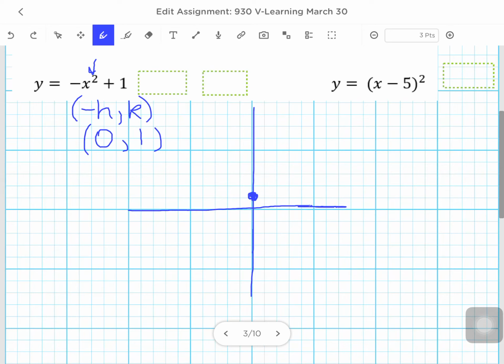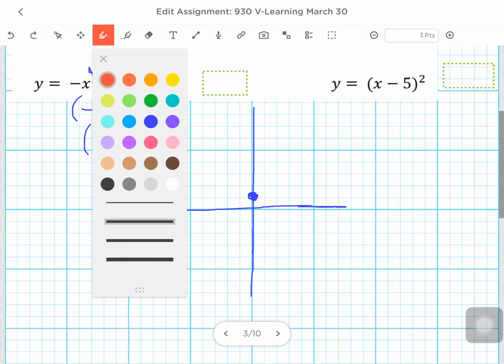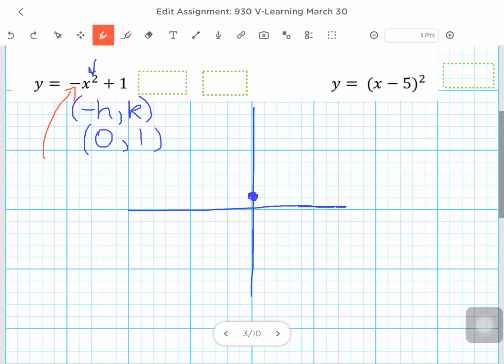Now, remember, one of our qualities here is that we have to look to see if the parabola is going to open upwards or downwards. Since there is a negative right here, remember that the parabola is going to open downwards because it's a reflection. Neither one of these is going to have a stretch or a compression. We're not going to make them any wider or narrower. We're just going to see if you can remember the pattern, which is over 1, up 1.